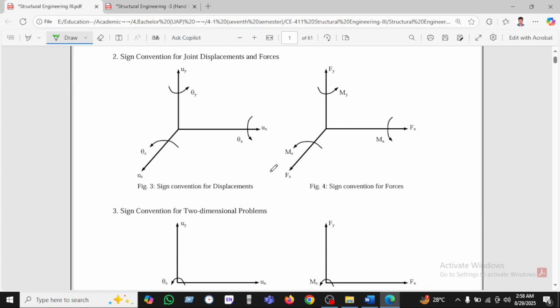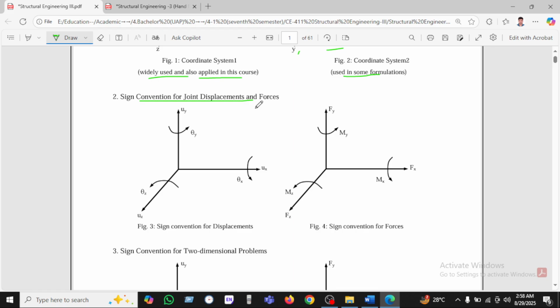If we go here, again the joint displacement and forces are all anti-clockwise. For displacement we denote u, and for force we denote y. That's why we see a sign convention for force and a sign convention for displacement. But the main thing is we are taking the rotation in the anti-clockwise as positive.